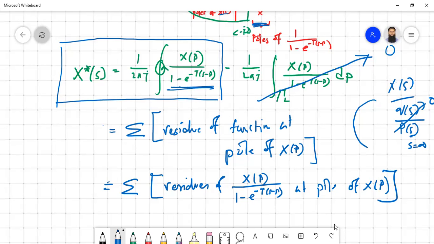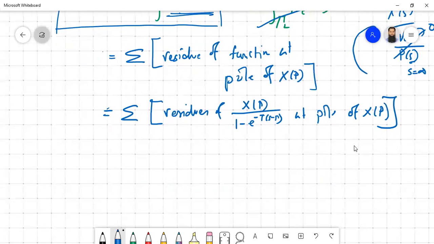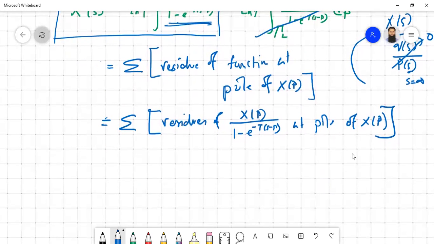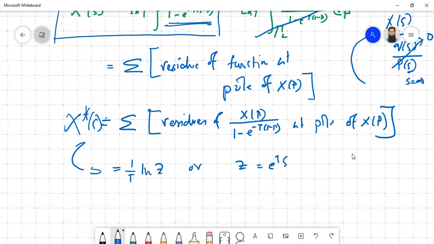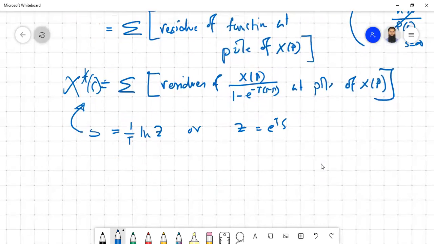Since we are happy with that, the next step is just obtaining the Z transformation. So this is actually X star s. Now if s is replaced by 1 by T ln z, or z is replaced by e to the power Ts in this equation, we can easily figure out the Z transformation.